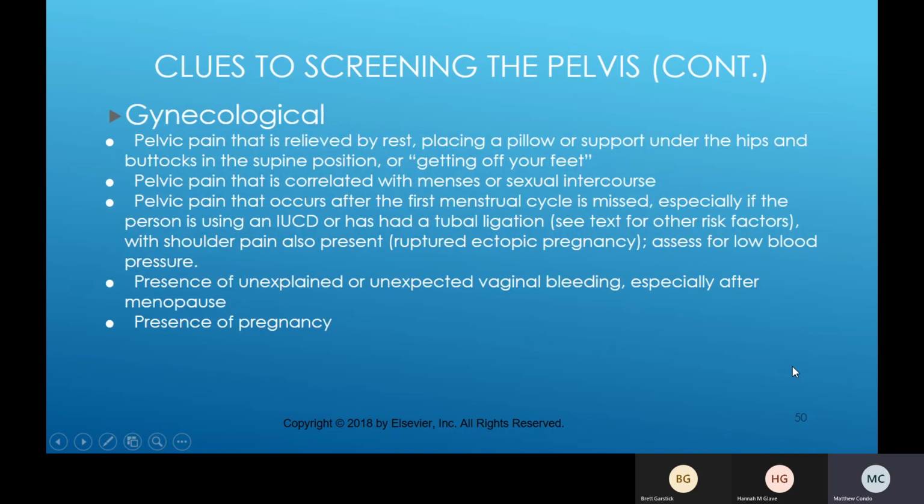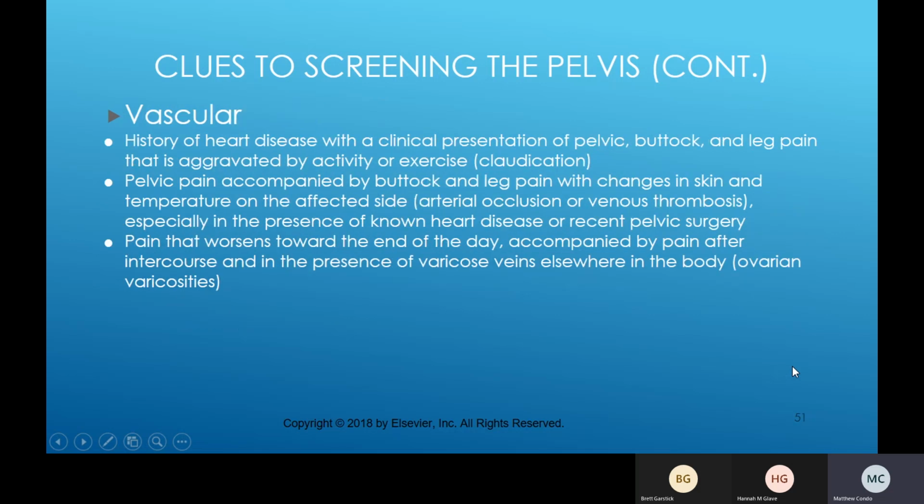When it comes to gynecology, if I see pelvic pain that's relieved by rest, putting a pillow under the hips, or getting off your feet, that might not be MSK, that might be more gynecological in nature. When it comes to the vascular system, again, if it throbs, that could be a good indication that it is vascular in nature.